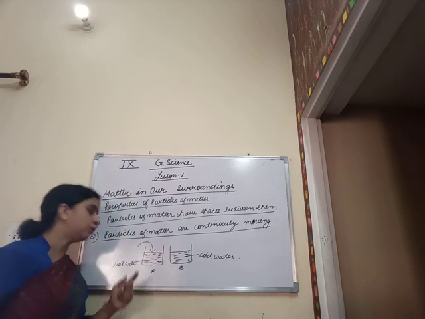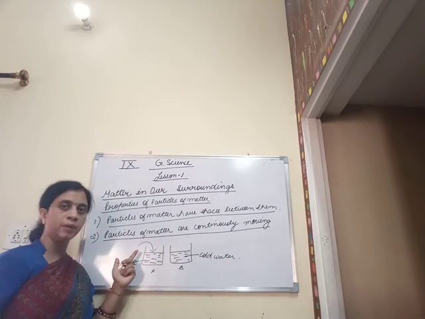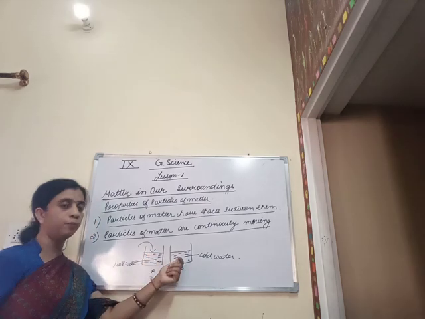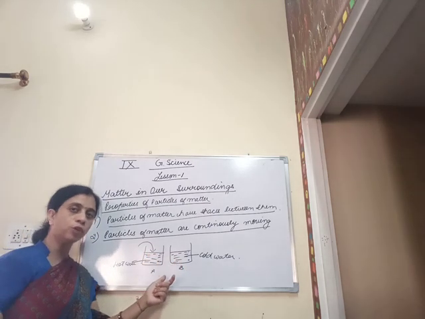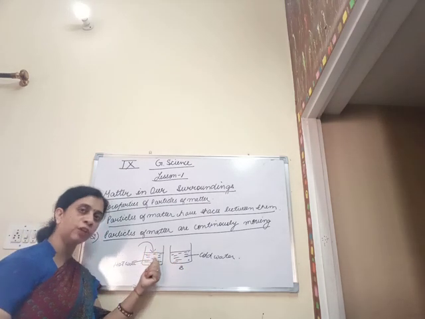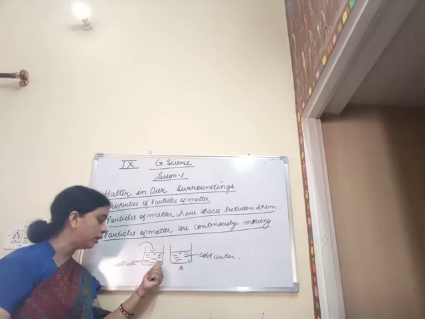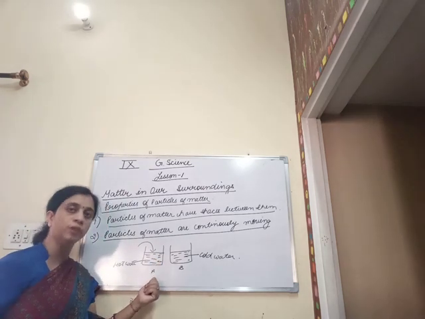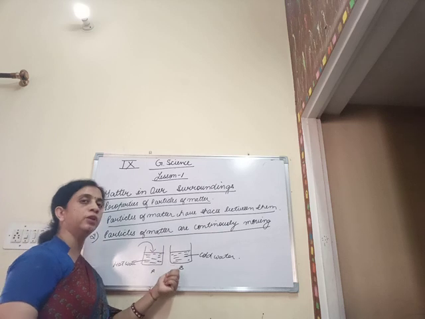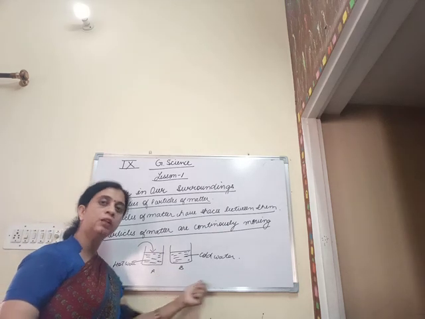Now put some crystals of potassium permanganate in both beaker A and beaker B. After a certain time, we are going to observe that the crystals of potassium permanganate dissolved very well in beaker A, which contained hot water. But in cold water, it took a much longer time.